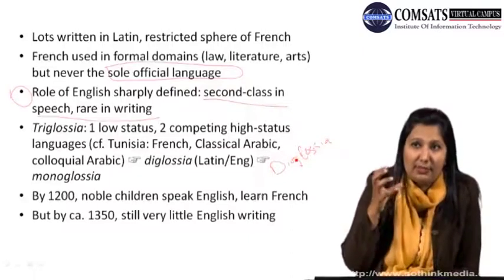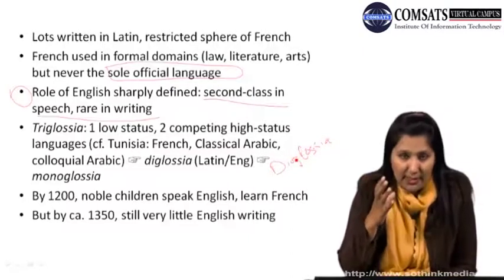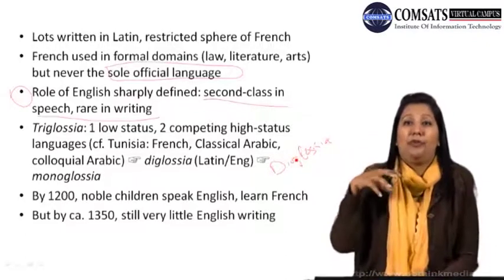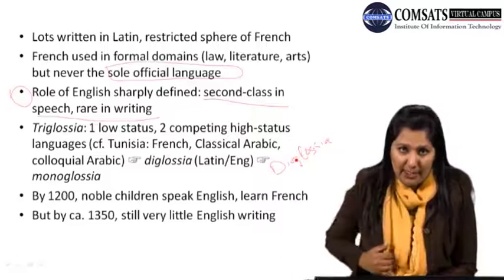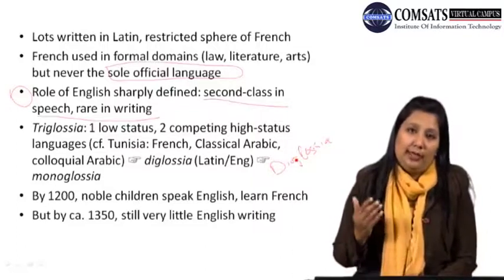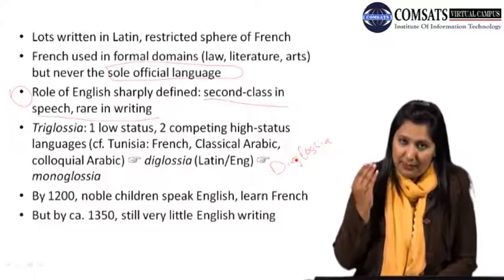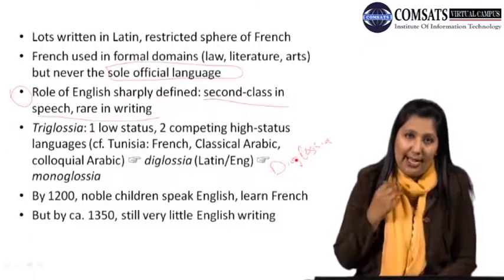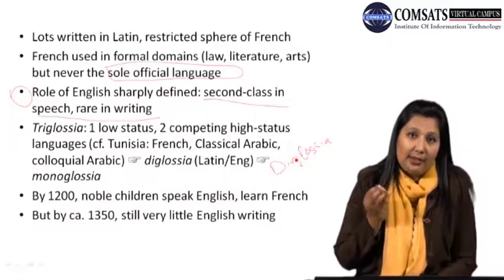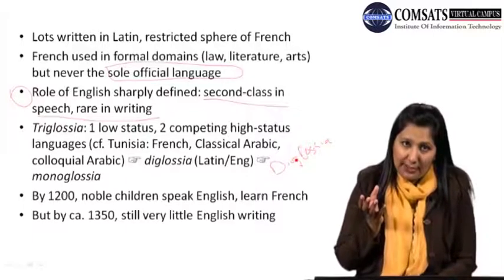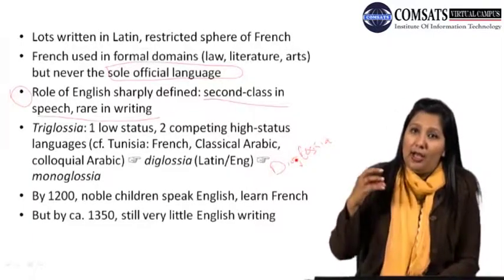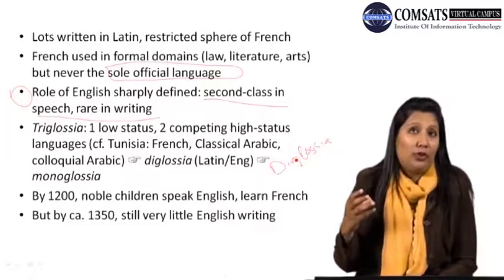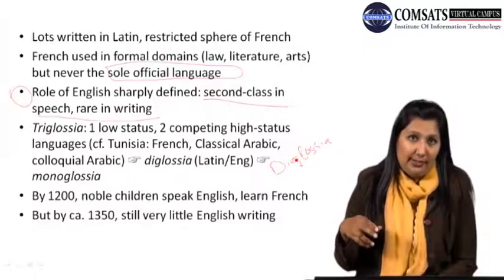One language is existing. One of the good examples is that of an Arab country, Saudi Arabia. Let's look at the example of Saudi Arabia. Within Saudi Arabia, the language that is spoken is Arabic. Arabic is also the language of the Holy Quran.